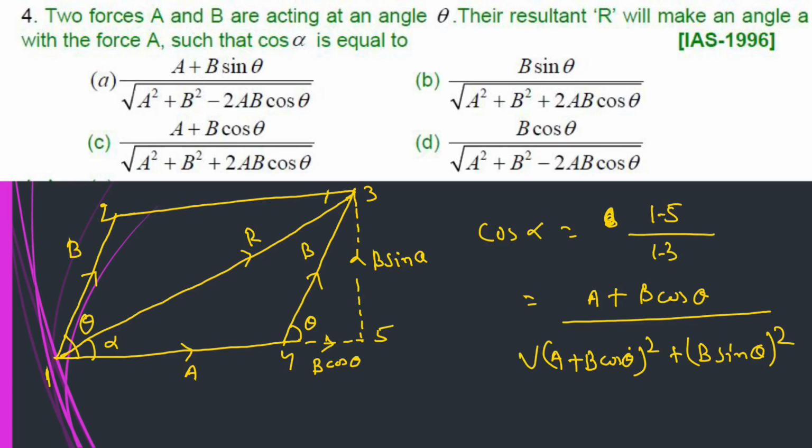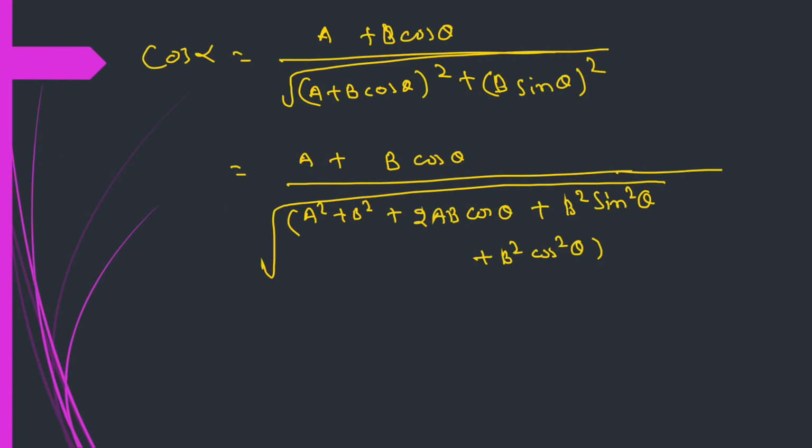From this step also you can answer this question, because no other option has B sin theta here, so only C is possible. If you solve further, you will get A plus B cos theta divided by root of A square plus B square cos square theta plus B square sin square theta.